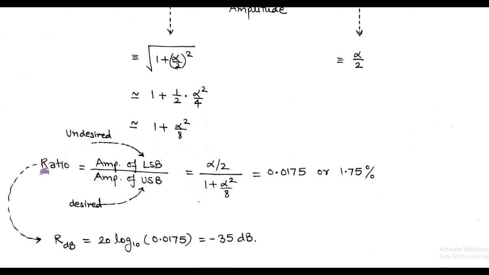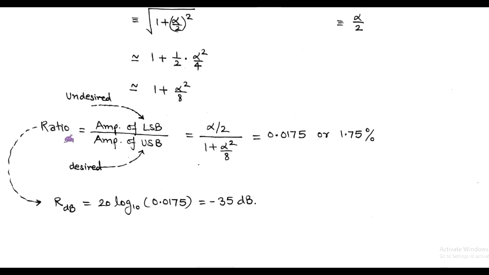Now, according to our question, the ratio of the undesired sideband amplitude, that is the lower sideband, to the desired sideband amplitude, that is the upper sideband, equals the ratio of alpha upon 2 and 1 plus alpha squared upon 8.